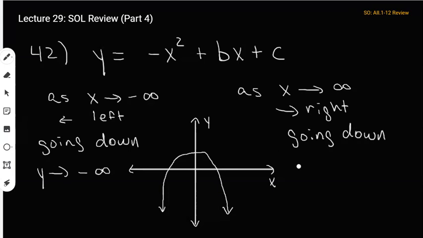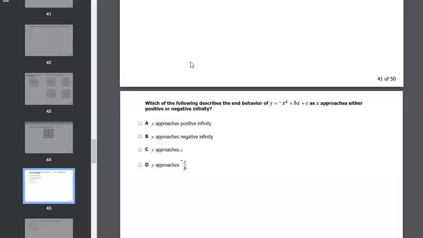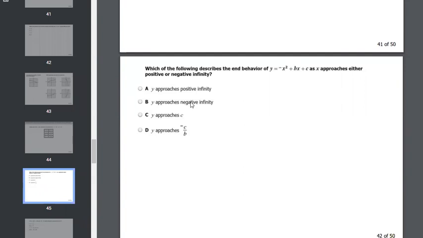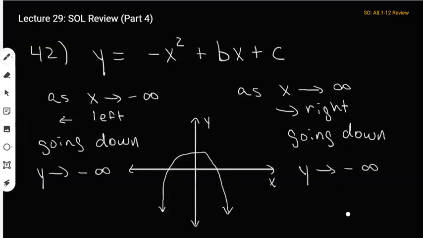That means that y is going to approach negative infinity. So on both sides, the function is going downwards. So then the answer would be B. y approaches negative infinity. And that's what we wrote right here and here.